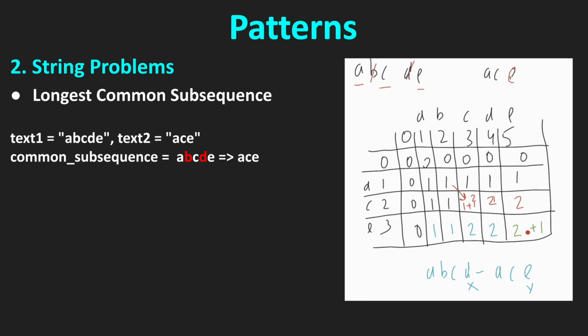So for the visualization, to make it more visually understandable, we are creating a two-dimensional array here, and in that array, on the x-axis we are storing text 1, and on the y-axis we are storing text 2, right? The first row and the column, we are populating with zeros because we will use them as part of the solution.